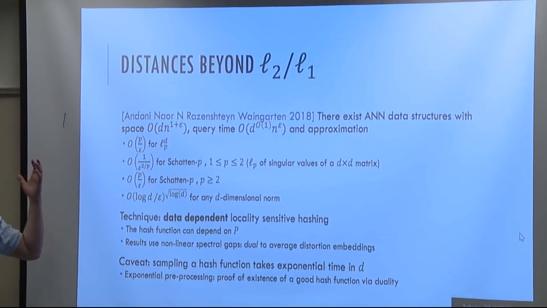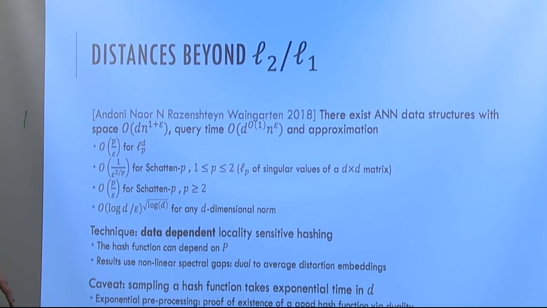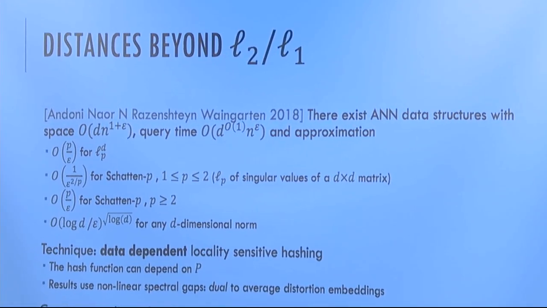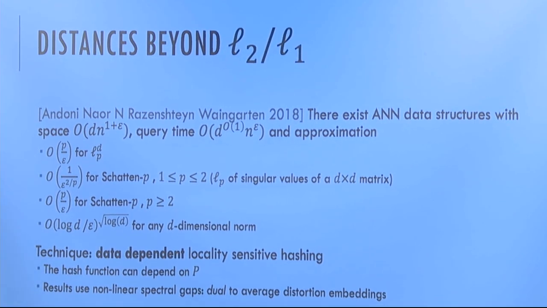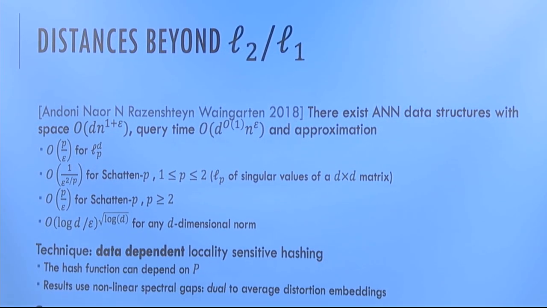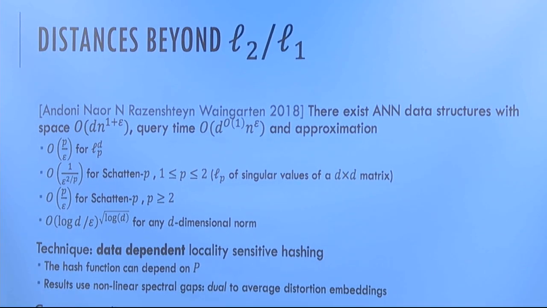I just want to say there's some stuff that we do know. This is based on a sequence of papers, at least two papers with Alex, Asaf, Ilya, and Eric. Basically, there's some stuff you can say about more general spaces.